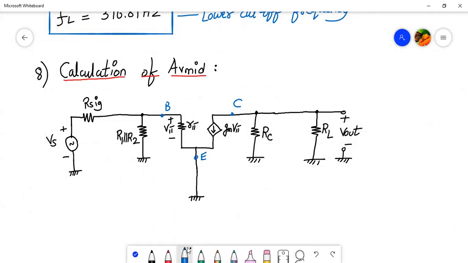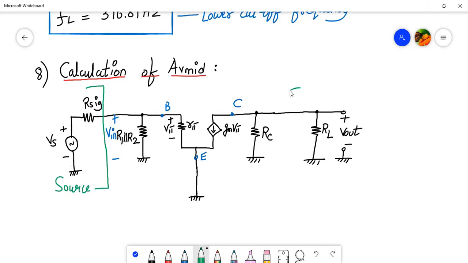So let's start with the analysis. Here this is Vs. So from here to here, this will be V in. Fine. So remember earlier in the very first lecture, we bifurcated what is the source. So this is basically the source.